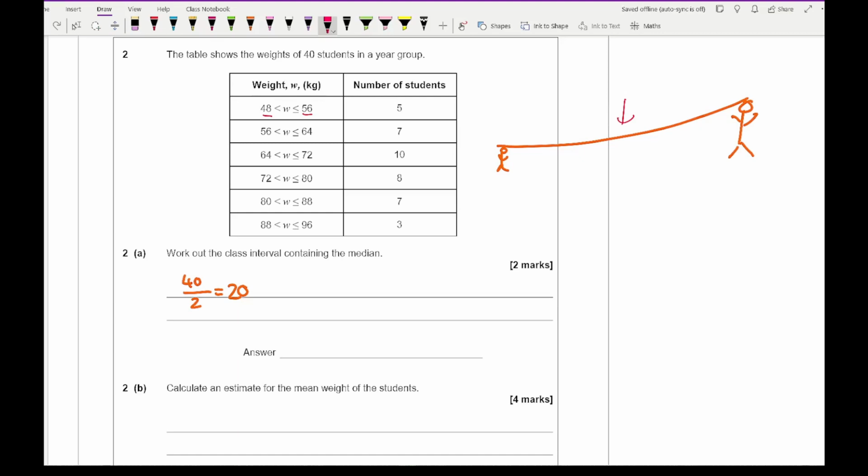So that gives me a running total of 5, and then that's going to give me 12. Then I've got 22. So you can see that the 20th person is going to be in this group here. So then the class interval is going to be 64 to 72, and just make sure your inequalities are correct.